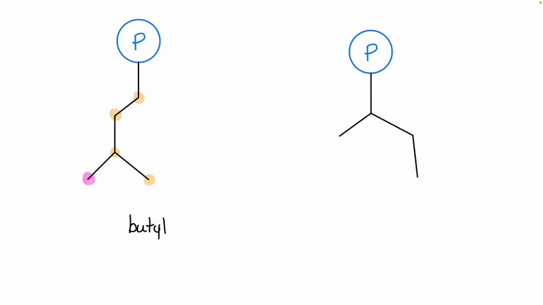That would be a methyl. And now we're going to number our chain in our substituent, but we're always going to start where carbon 1 is the one that's bound to the parent chain. So 1, 2, 3, 4. So this would be, in parentheses, 3-methylbutyl, and then whatever the parent chain would be.